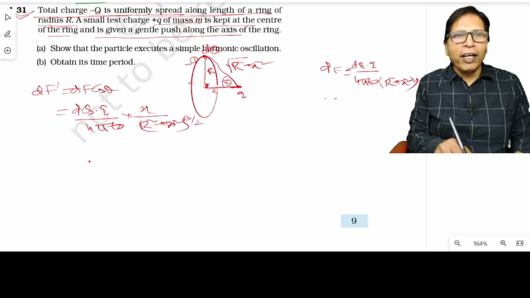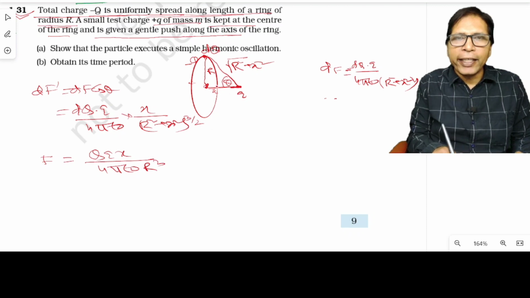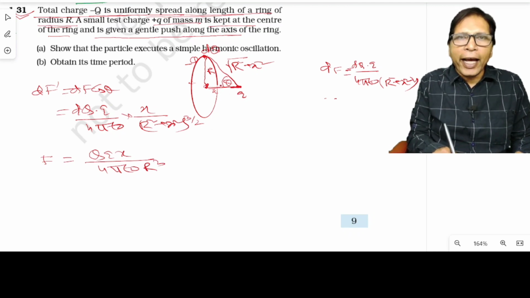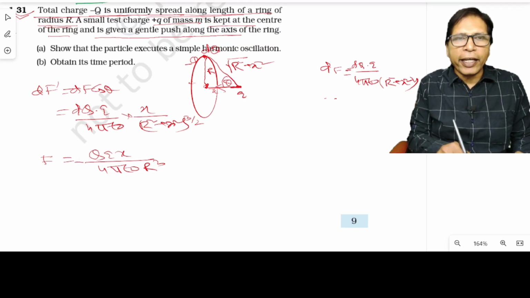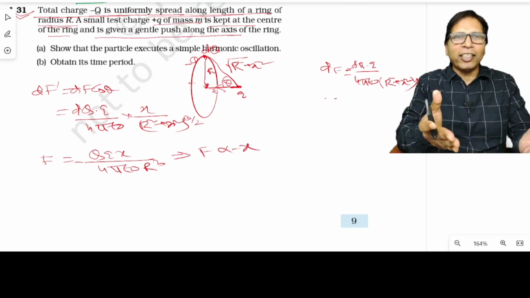Now the net force along the axis equals the total charge Q into qx divided by 4 pi epsilon naught r cube, as x is very small compared to capital R. As this force is directed towards the center, there is a negative sign. So here F is proportional to minus x, so it is SHM.